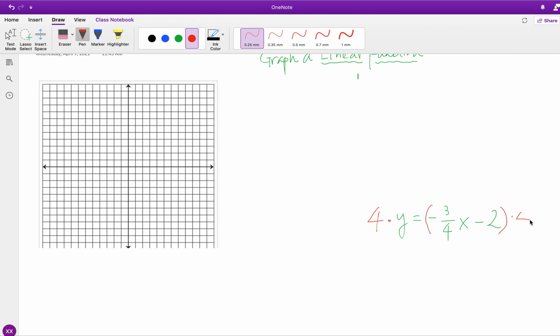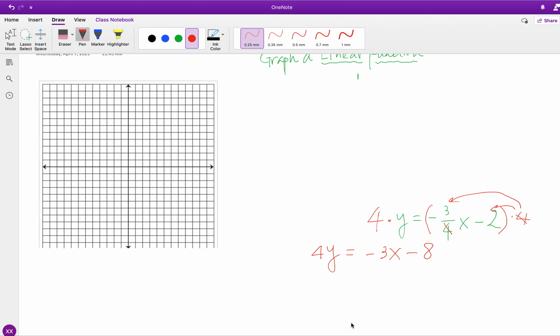So multiply by 4 on this side, this side becomes 4y. And the other side, this is multiplied in, and the 4 and 4 cancel, so negative 3x, negative 8.